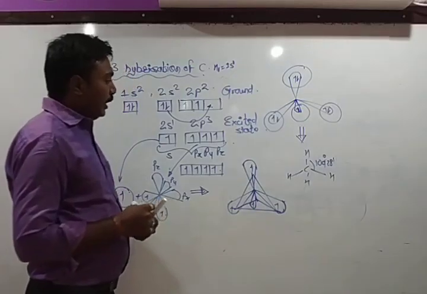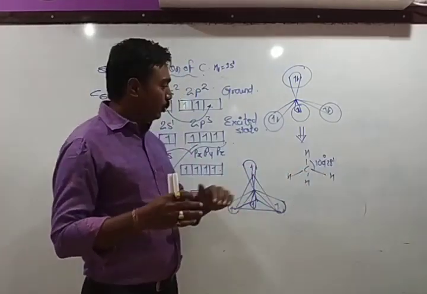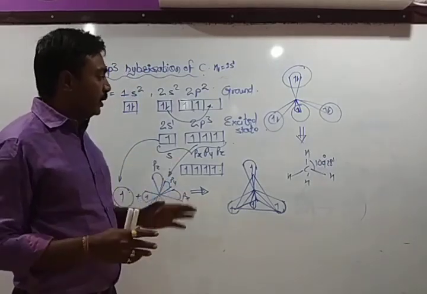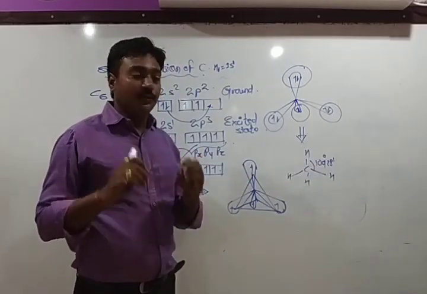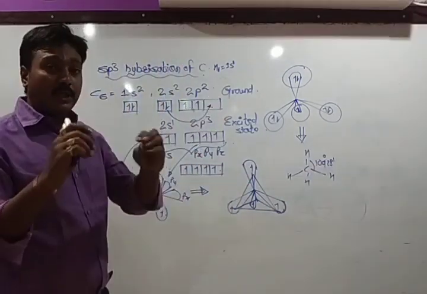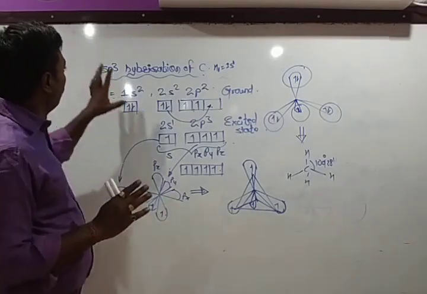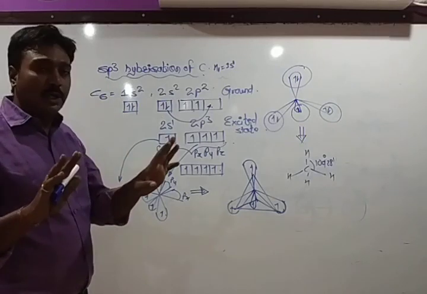Now every time the bond angle is not 109 degree 28 minute. Due to different elements and different conditions, a change in bond angle may be observed, which we will discuss in our further topics. For organic chemistry we are only discussing the hybridization of carbon, not of nitrogen or oxygen.